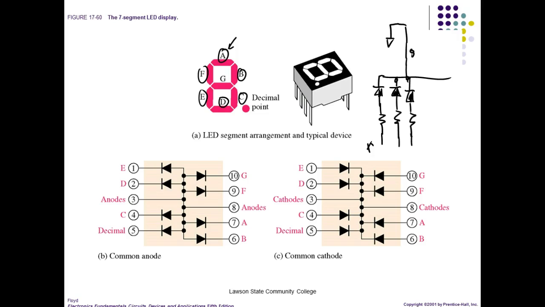At 5 volts, that's usually going to be a 470 or a 330. So you'll see a bunch of these. 15, 20 milliamps is not a lot of current. So if this is 5 volts, this guy drops 2 volts.